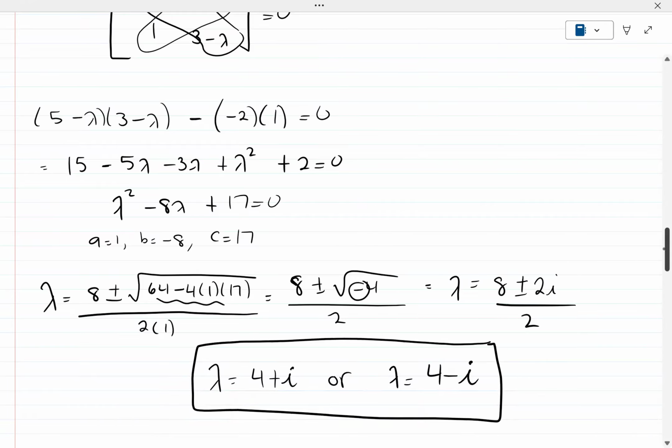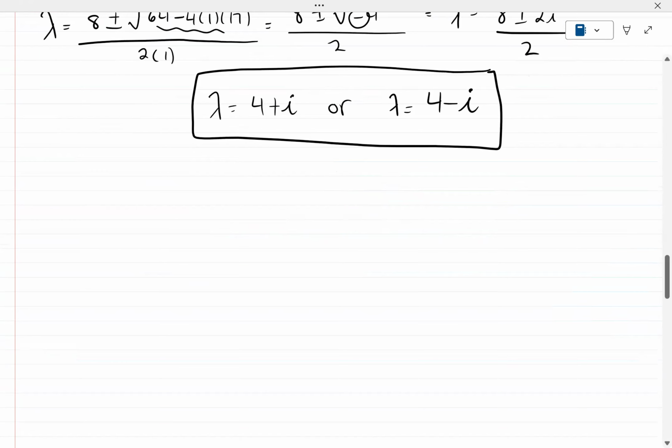Remember we have two lambdas, 4 plus i and 4 minus i. So the second part is we're going to find x, basically A minus lambda I augmented with 0.